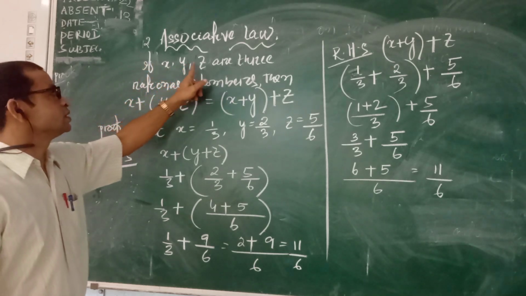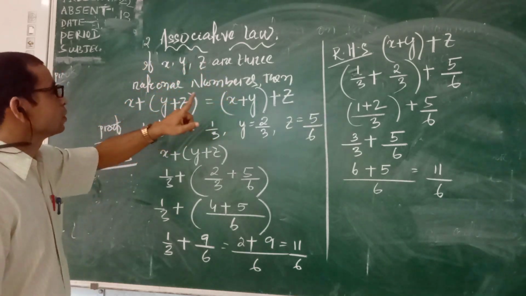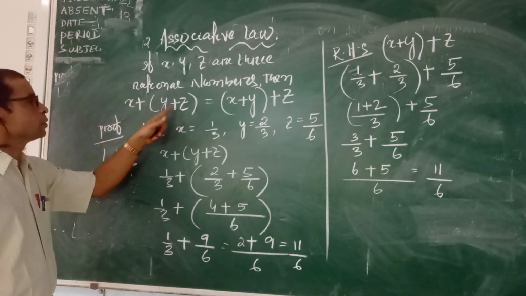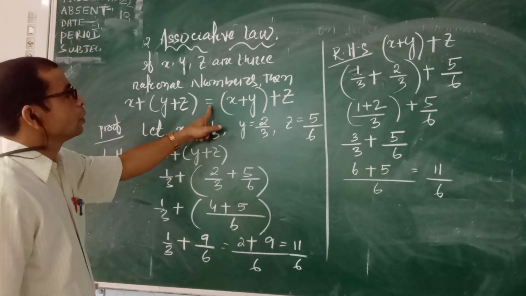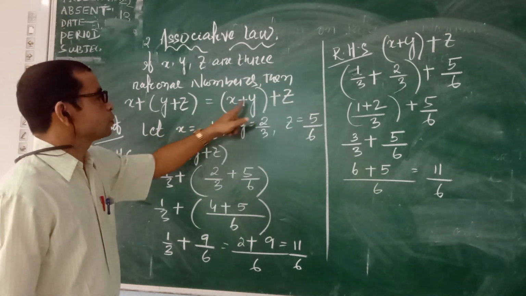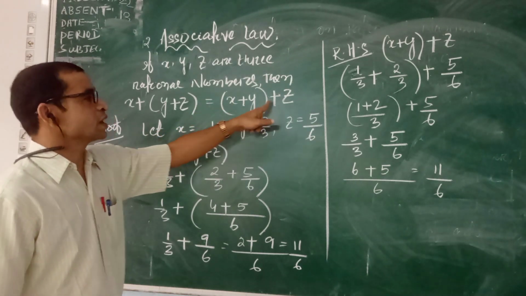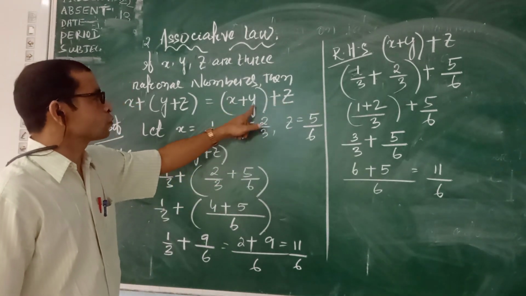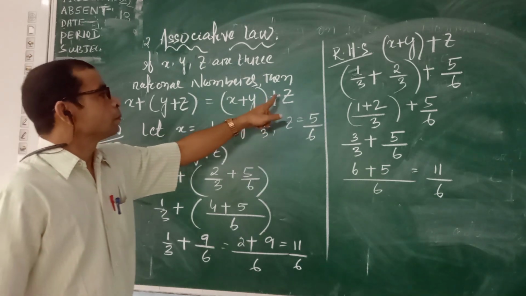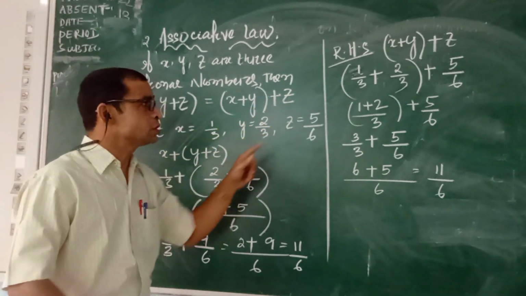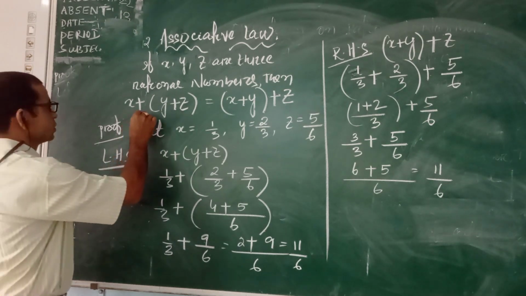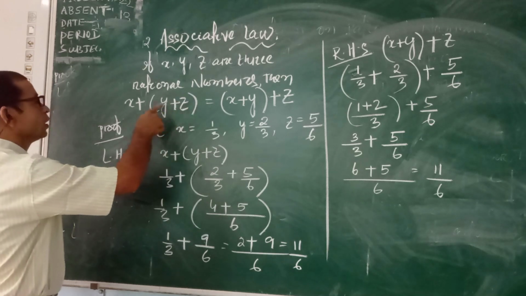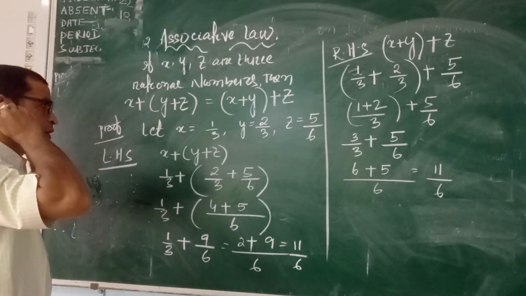Then x plus (y plus z) is equal to, on the right side, (x plus y) inside the bracket, and z outside. You see the way of writing. Please focus on these things. In the LHS, y plus z should be inside the bracket, x is outside.